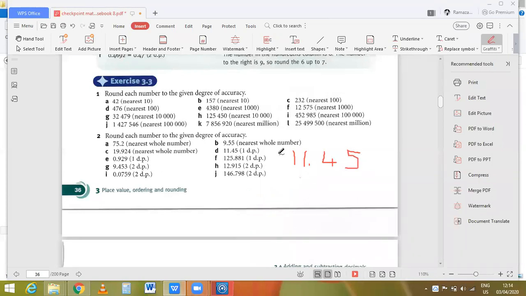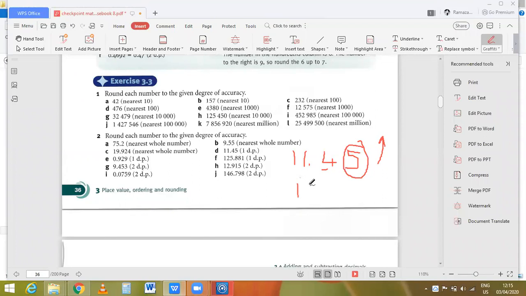Okay, let's continue. It's asking first decimal place. So I found the first decimal place, which is 4. The decider is 5. 5 will tell us go up or down. Since this 5 is equal to 5, in this case, I will go up.